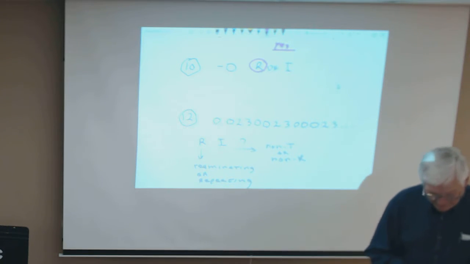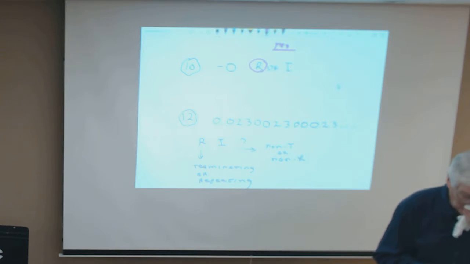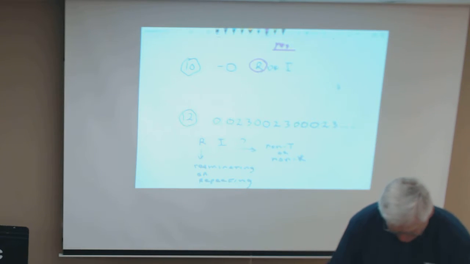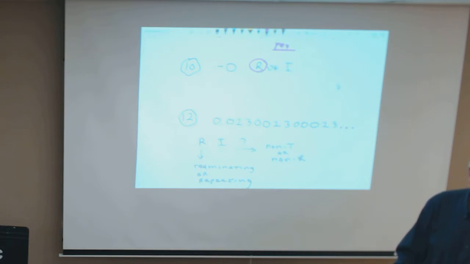Now look at number 12 carefully. Does number 12 terminate? That's a yes or no question. Does number 12 terminate? No, because of those 3 dots. Everybody follow that? Does number 12 repeat?